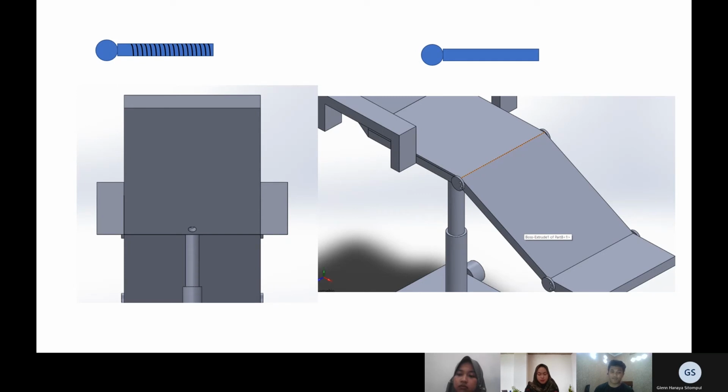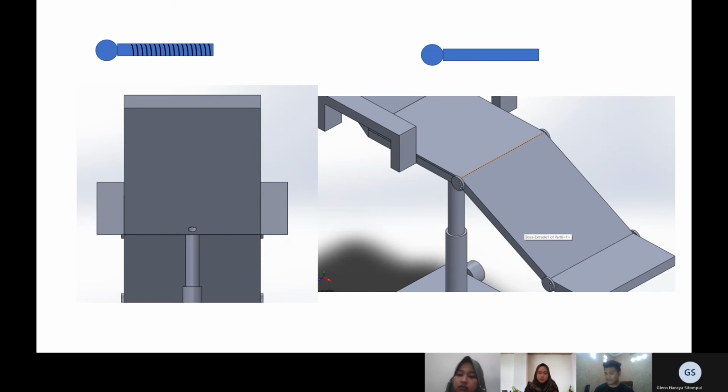And at the lower part we are using this pin to be set in the hole at the side of the chair. Here at the lower part, the pin will let the lower part move freely, and when it is used, the chair cannot move freely.